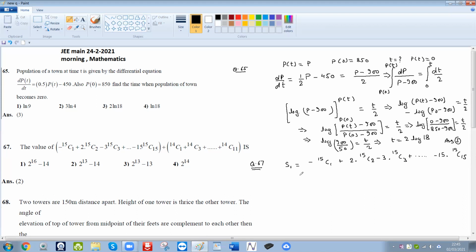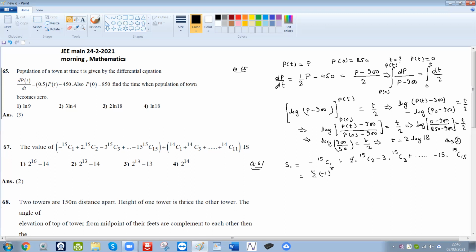This can be written as summation of minus 1 raised to the power r. In the second term we have r equal to 2.